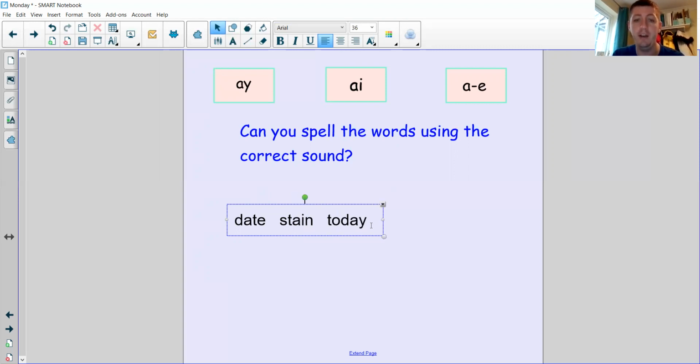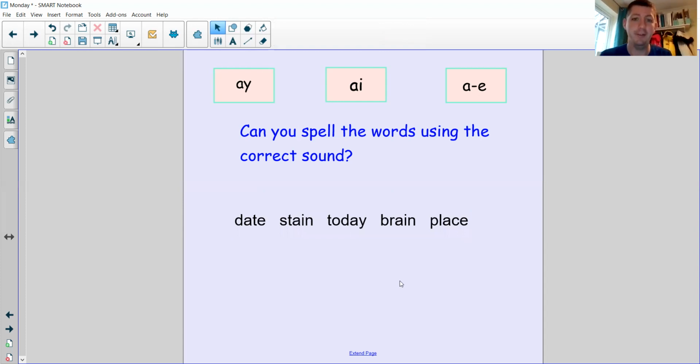Notice how the A is at the end of a word, so it uses the A and the Y, which is what usually happens. The next word was brain, b, r, a, i, n, brain. And the final one was the word place, p, l, a with the A split E, c, e, place. How many of those did you get right out of 5?